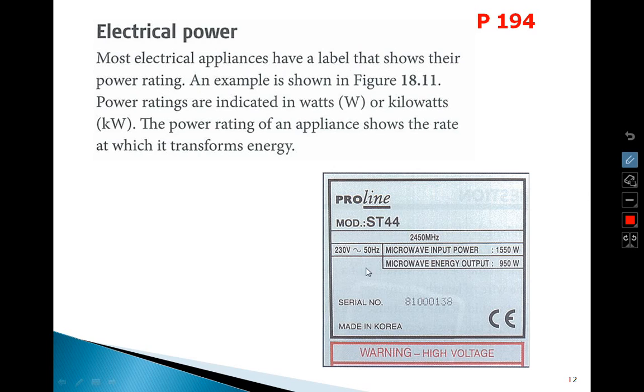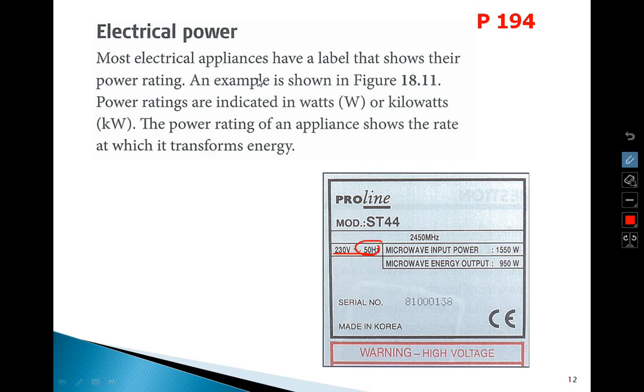Here, for example, the microwave input power is 1550 watts, the microwave energy output is 950 watts, and the source is 230 volts, 50 hertz.